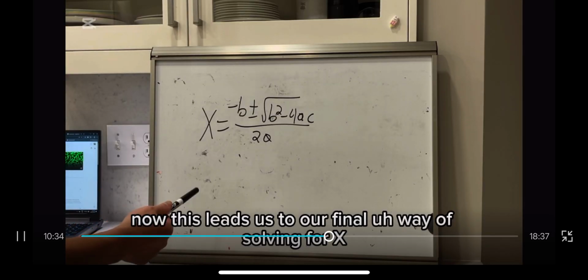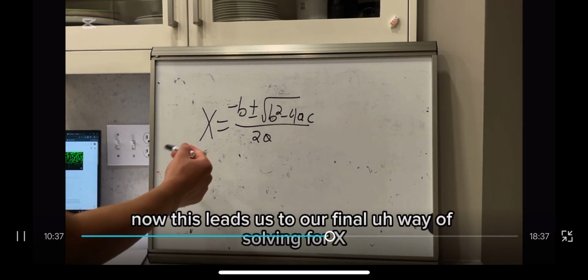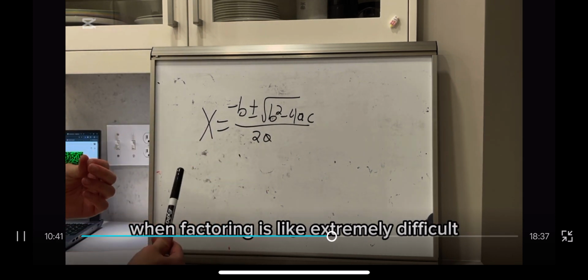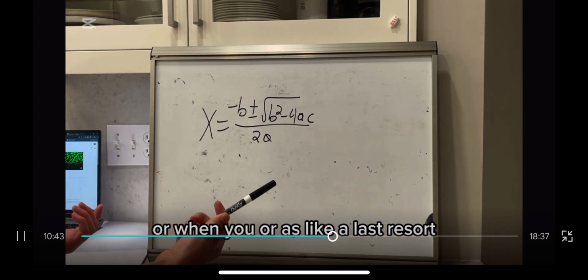Now this leads us to our final way of solving for x, which is the quadratic formula. This is mainly used when factoring is extremely difficult, or the numbers are too high, or as a last resort.